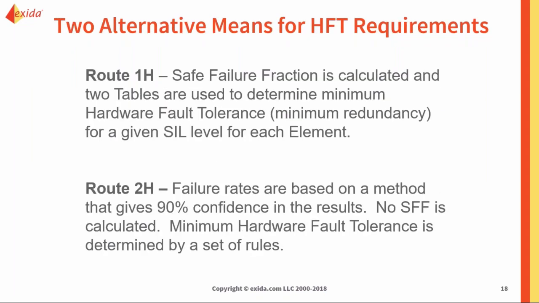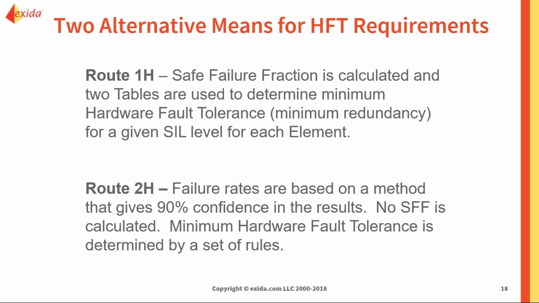There are two methods to prove your architectural constraints from the standards. You can do that by Route 1H or Route 2H. Each of these routes has a different associated table in the standard to be able to do the calculations against.